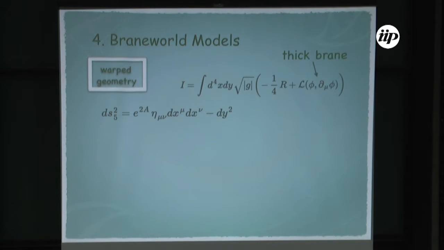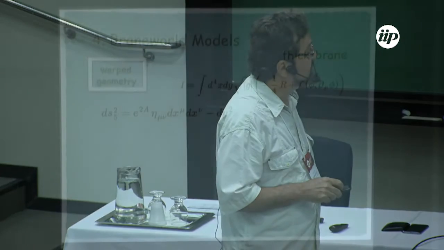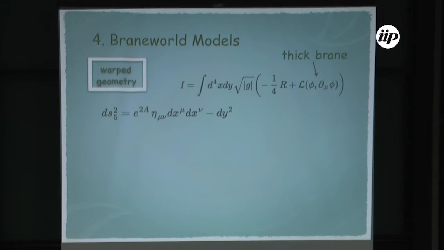Okay, how can I go to braneworld? I will change the subject now. This is the standard Randall-Sundrum scenario modified by the inclusion of a scalar field. The scalar field is here, and it's coupled with gravity, in this way.